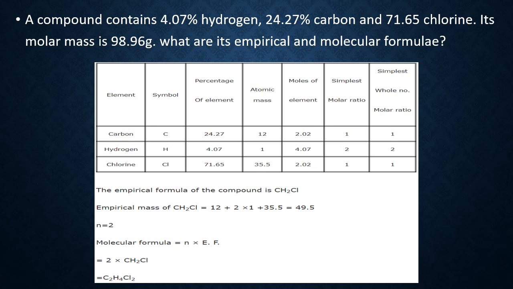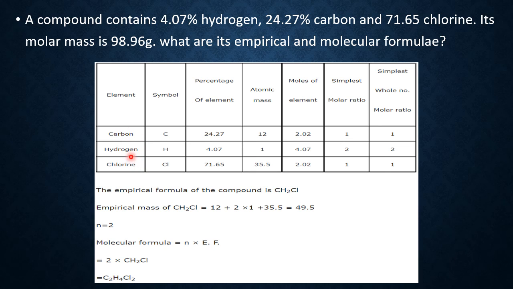So for this, to make the calculation simple, draw the table. All these are columns. The first column is how many different kinds of atoms are there in a particular compound. It contains hydrogen, carbon and chlorine. I have written here: carbon, hydrogen, chlorine are the three different kinds of atoms present in this compound.